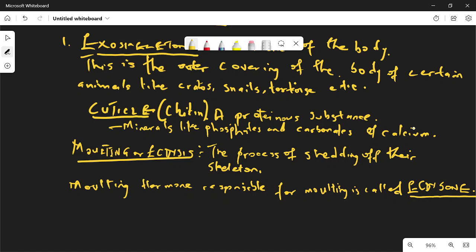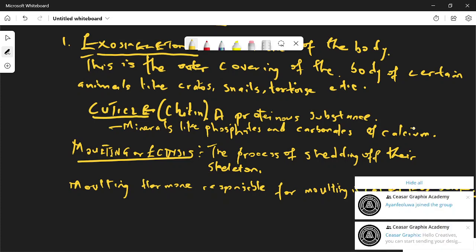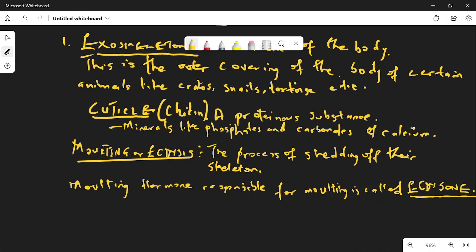So you need to remember that the chitin is a proteinous substance and it is very rich in mineral salts, with phosphates and carbonates of calcium. Are we together?